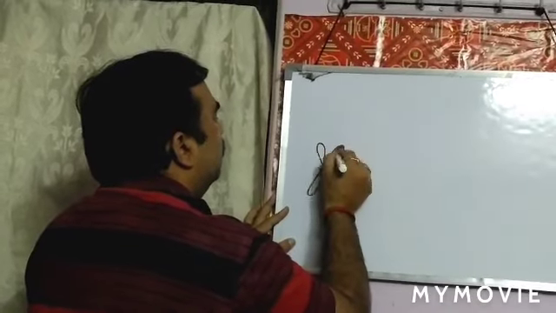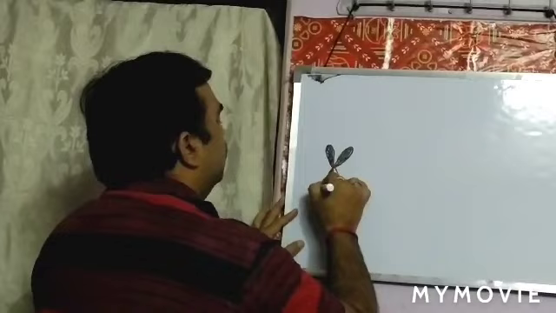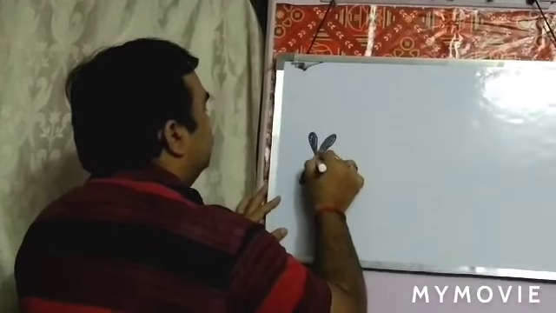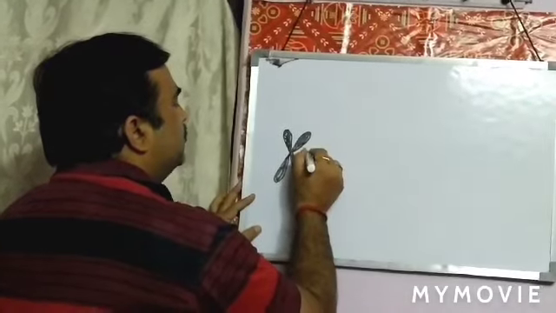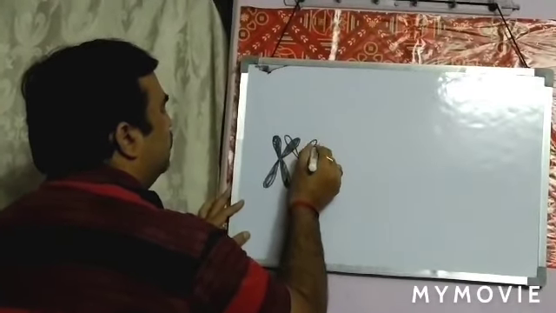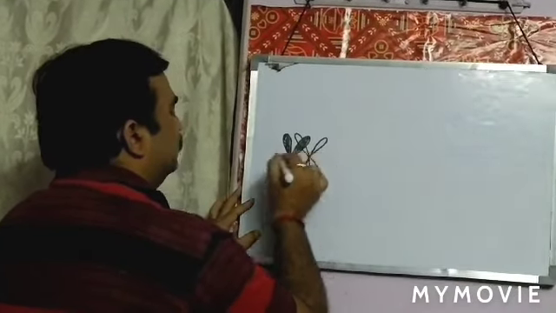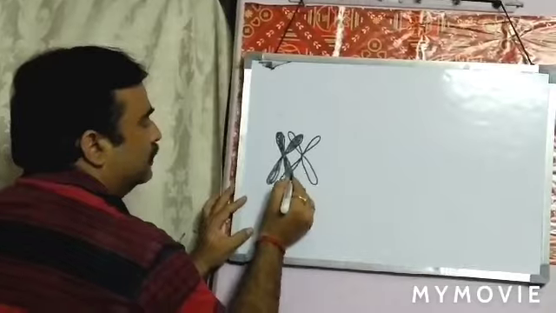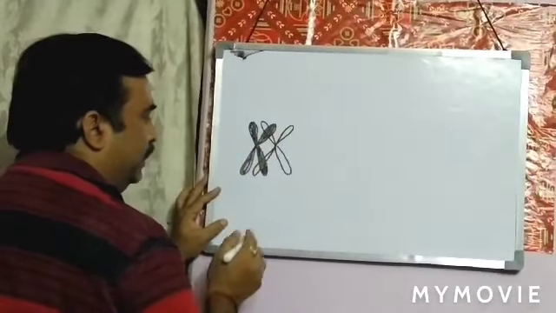Clear? Just a symbolic diagram I draw here. This is one, and they cross over at a point to each other. The non-sister chromatids cross over at a point. These are what? Non-sister chromatids. They cross over at a point.